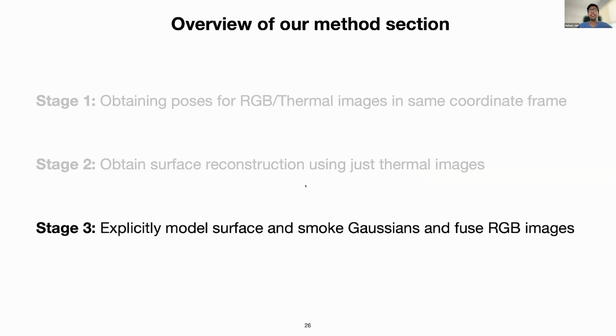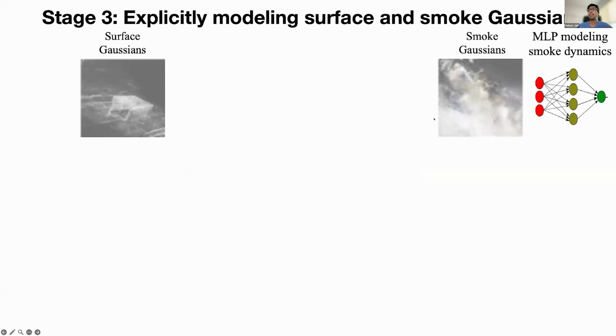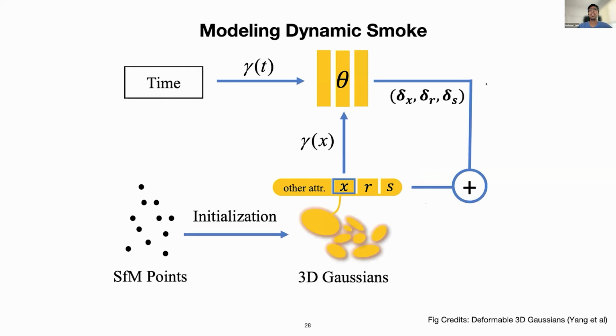In the final stage, we introduce the smoke Gaussians and incorporate the RGB images into the optimization. We also have an MLP to model the dynamics of the smoke. This is standard 4D Gaussian splatting literature, where we feed the position of the Gaussians into the MLP and predict a deformation field.